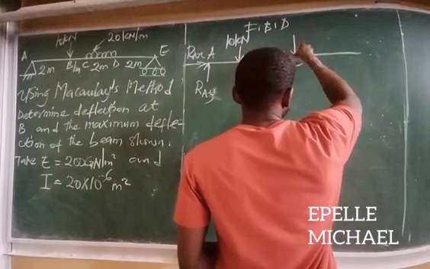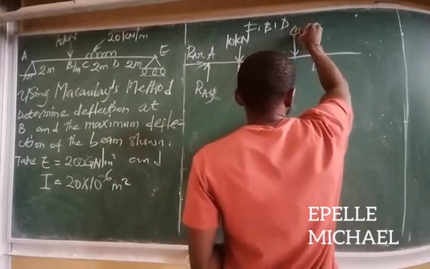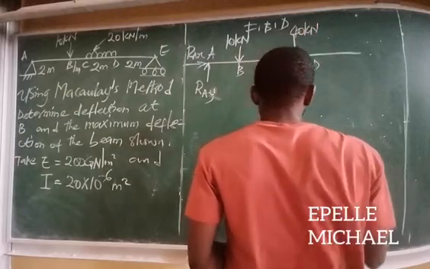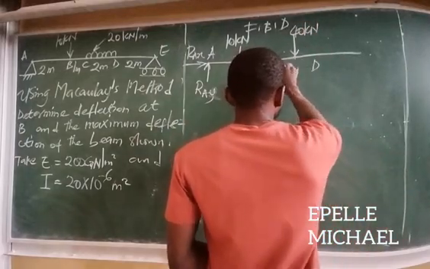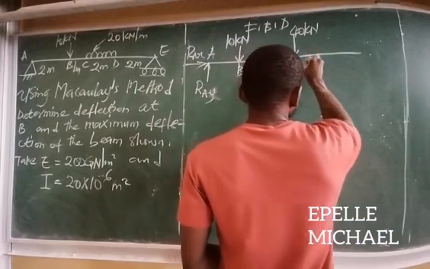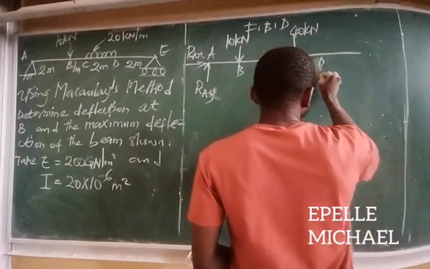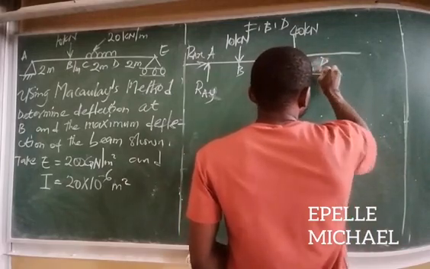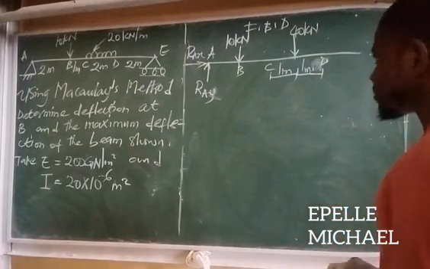So it acts at the middle, 1 meter from each end, between C and D.